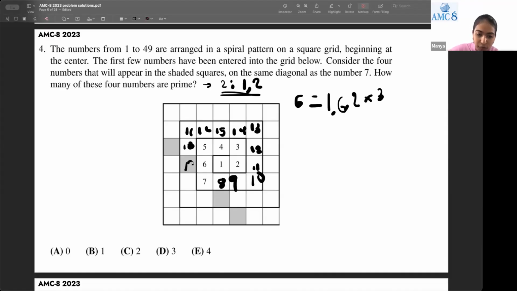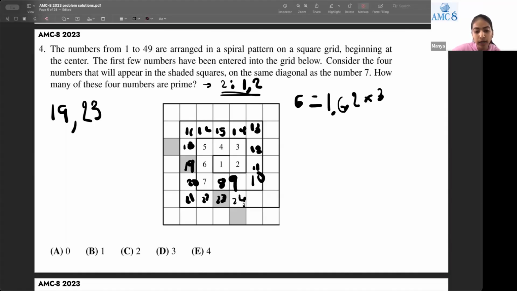So 19 will be in the first shaded square. So I'll write 19 here. 20, 21, 22, 23. I'll write 23 here because it falls under a shaded square again.